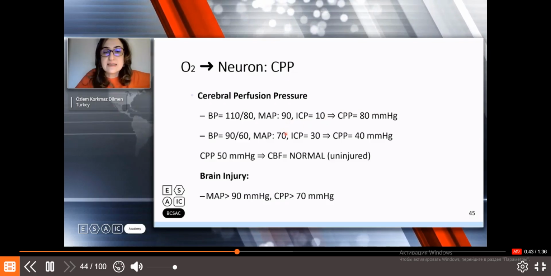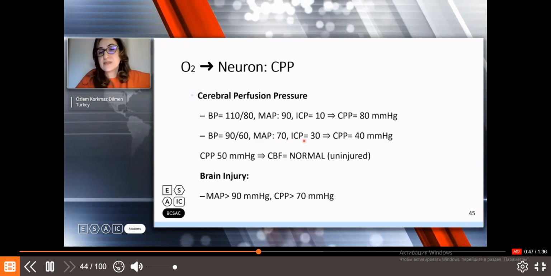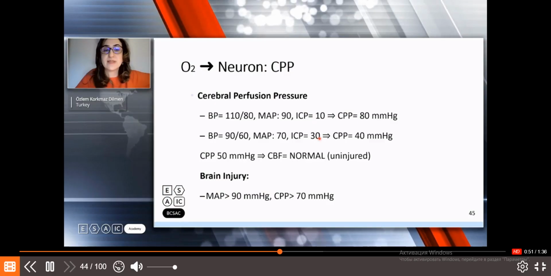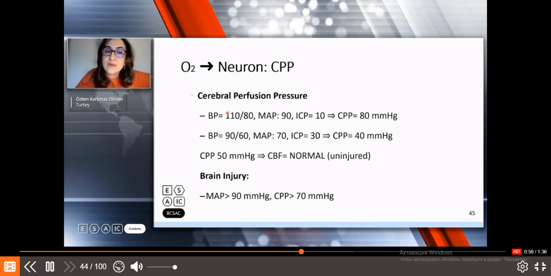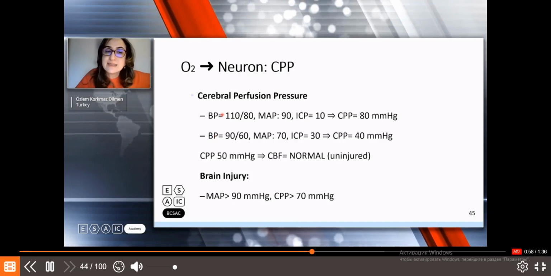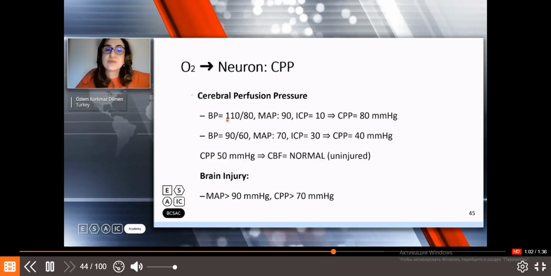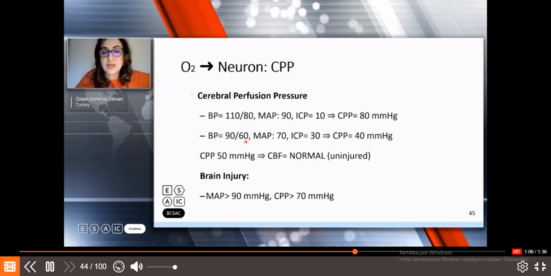Let's think about a case with raised intracranial pressure, such as intracranial pressure increasing to 30 millimeter mercury. But also, if our patient has a slight hypotension, as you see here, blood pressure reduced from 110 over 90 to 80 millimeter mercury.